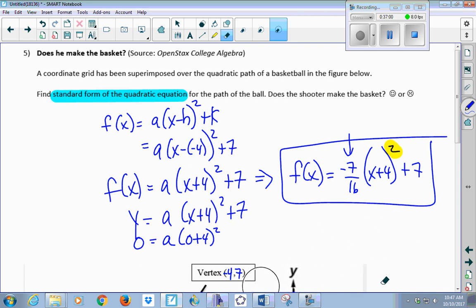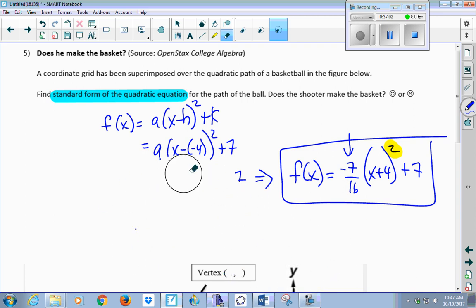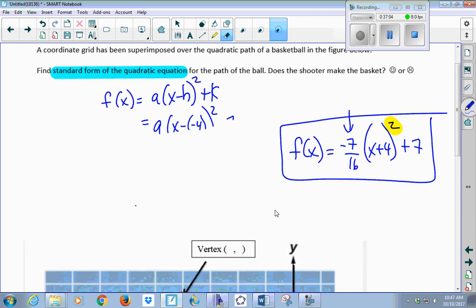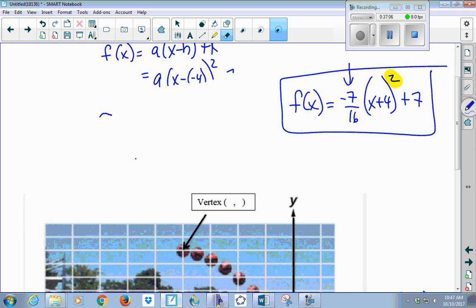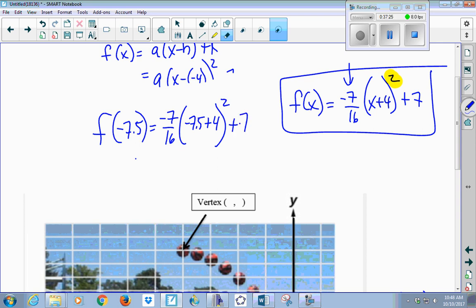So let's give ourselves a little space here. We've got our function now. Let's see, what is the height of my basketball at negative 7.5 on my grid? So I get negative 7/16 times negative 7.5 plus 4, quantity squared, plus 7.